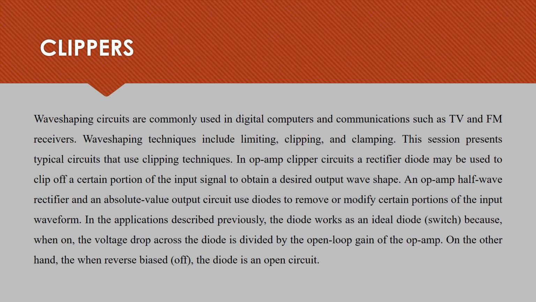In the application described previously, the diode works as an ideal diode, meaning a switch, because when on, the voltage drop across the diode is divided by the open loop gain of the op-amp. On the other hand, when reverse biased, the diode is off and is an open circuit.